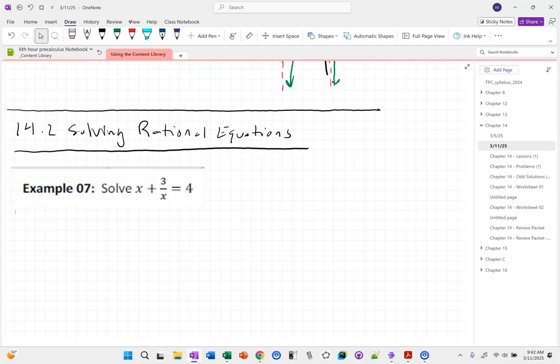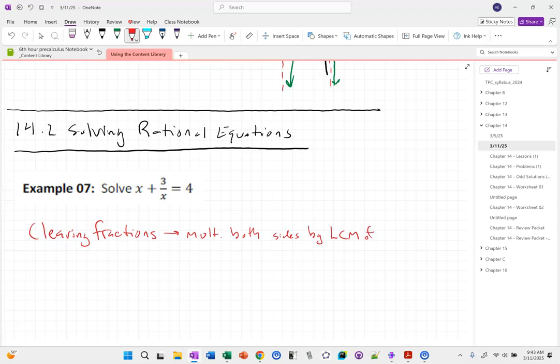Everybody's cool with that? So the idea here, what we're going to use is called clearing fractions. To clear fractions, what we do is we multiply both sides of our equation by the least common multiple of the denominators.